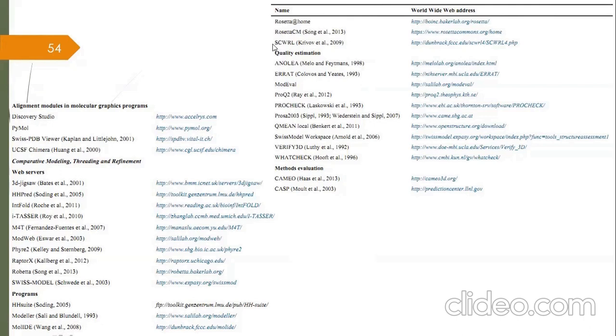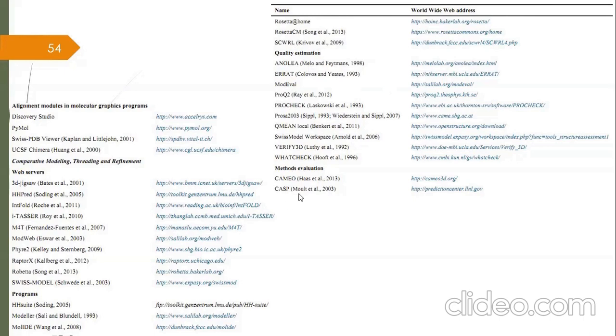So through Rosetta, through this SCWRL, we can evaluate the quality of our structures. So these are ERRAT score, model evaluation, ProQ2, ProCheck, and QMEAN, Swiss Model, Verify3D, WHAT_CHECK. So these are different tools we can evaluate our structure with.